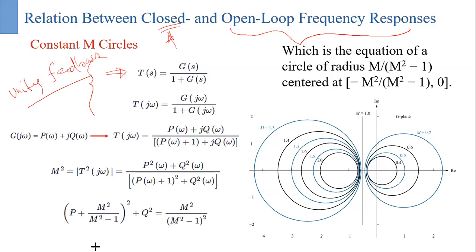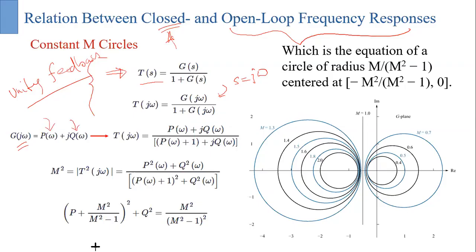Now look here. This is our closed loop transfer function of the unity feedback system. For the frequency response, we are replacing s by j omega, and we're assuming that our G of j omega is a complex number, so it has a real part and an imaginary part.